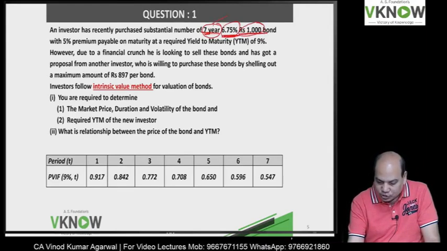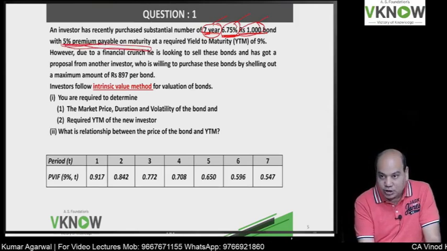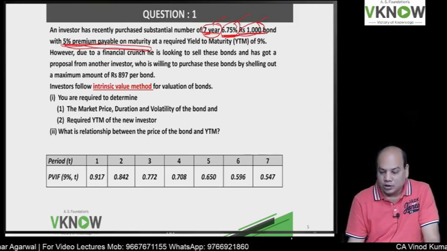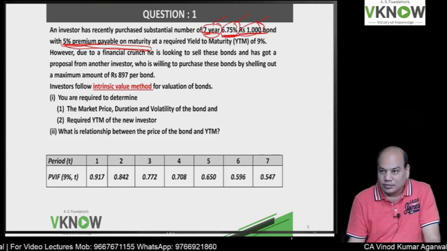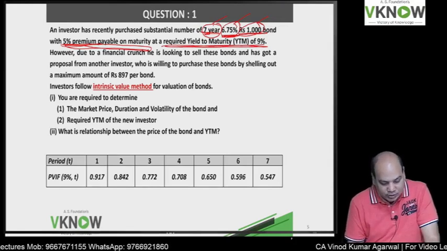So this is the maturity, this is coupon, this is face value bond with 5% premium payable on maturity. So the redemption will be at 1000 plus 5%, 1050, at a required yield, required YTM, of 9%.